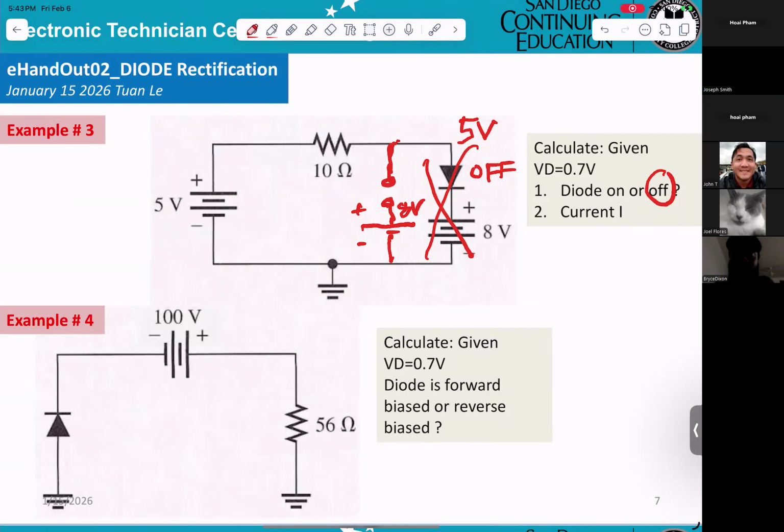Go to I. If it were working, you would get current flowing this way. However, with the diode off and open, I will be equal to 0. No current flow.